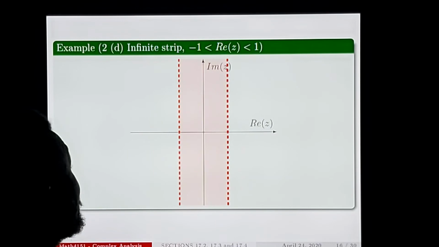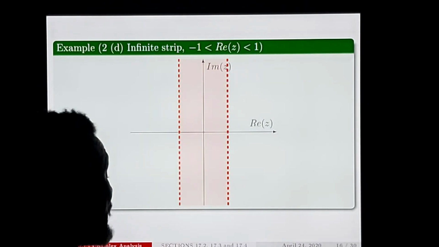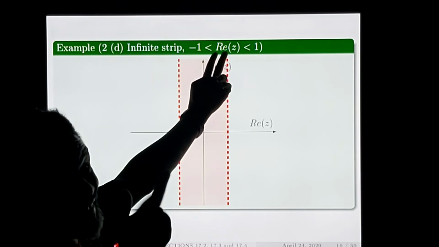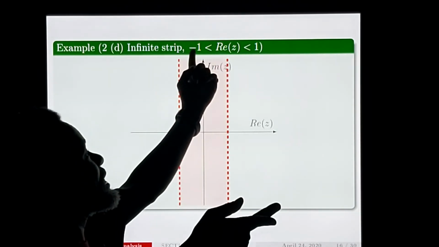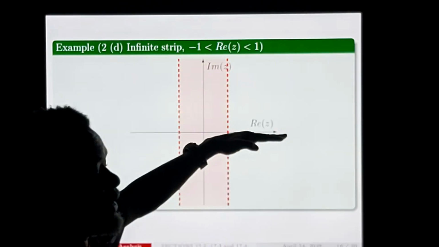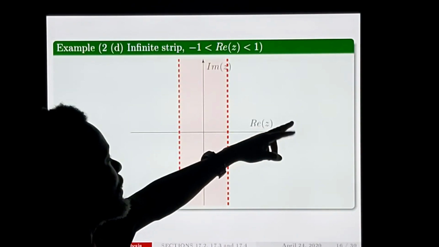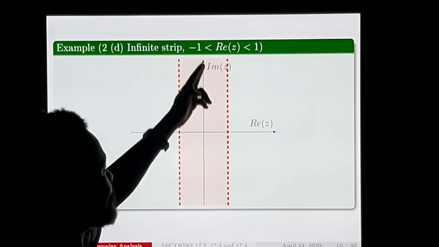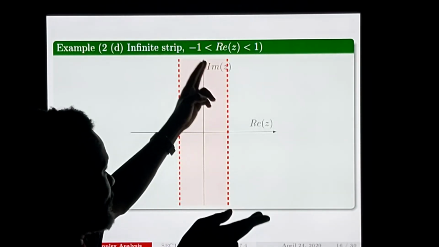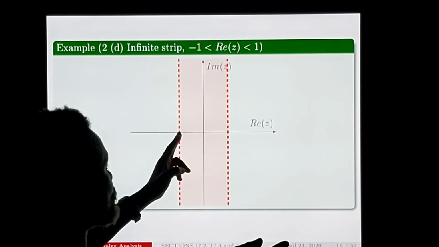Next is what you call an infinite strip. So here you have the real part of z, which is x, lies between -1 and 1. Now, this is the real part, the x-axis, and this is the y-axis, the imaginary part, which is the same as x equals 0, and then this is x equals 1, x equals minus 1.